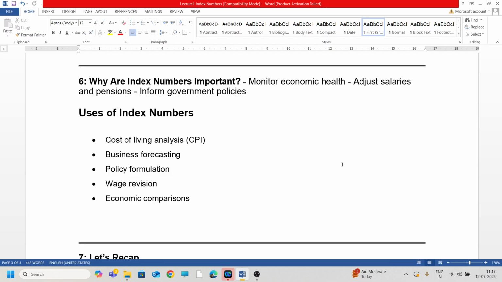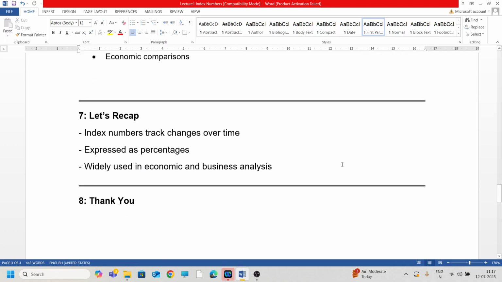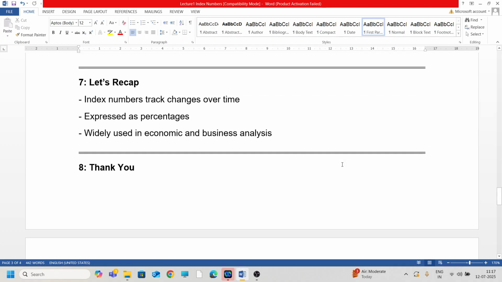Index numbers are vital for monitoring the economic health of your country. They are used to adjust salaries and pensions, to match inflation and help the government and business in framing sound economic policies.